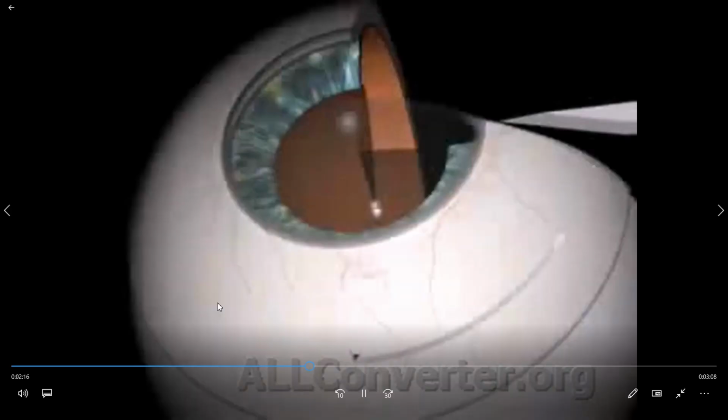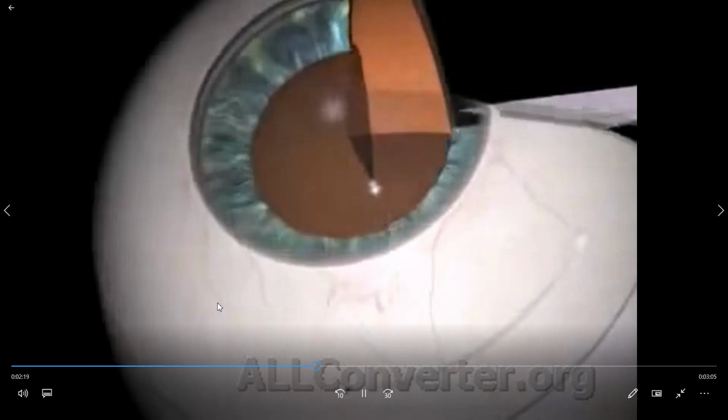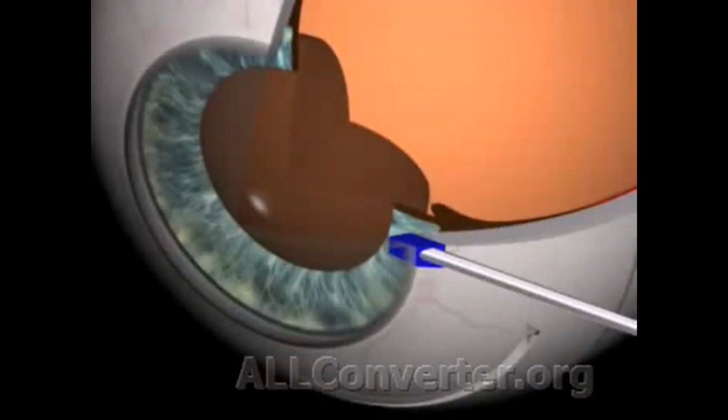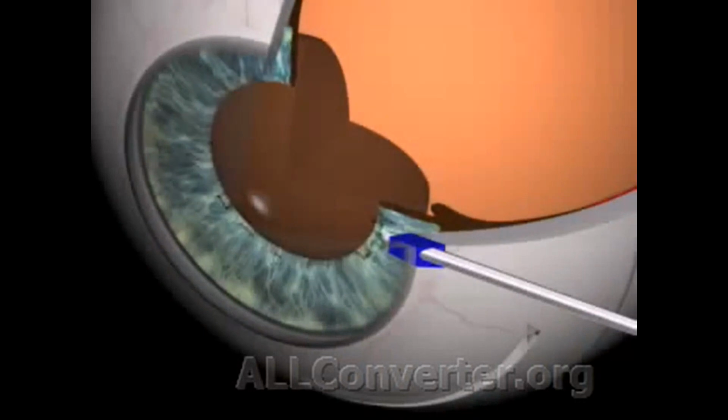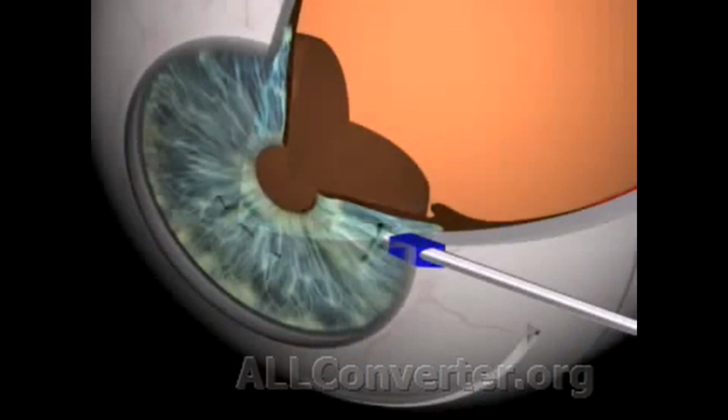Deeper window. Now, the partial thickness flap will be closed. Acetylcholine injection. A paracentesis is created and acetylcholine injected into the anterior chamber to constrict the pupil for iridectomy.